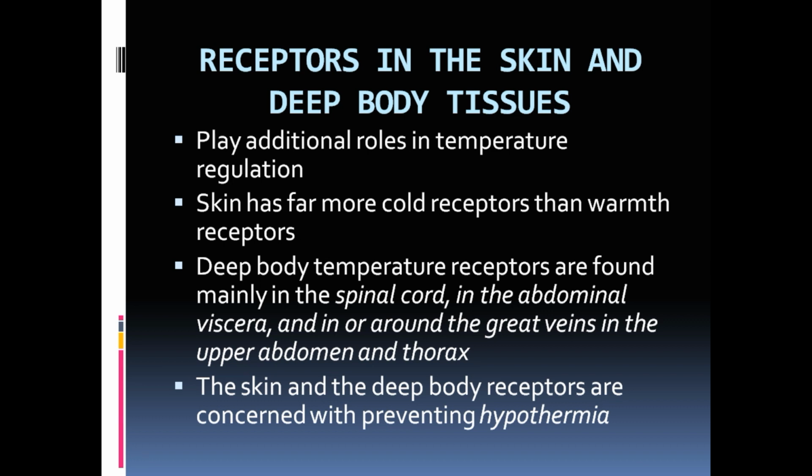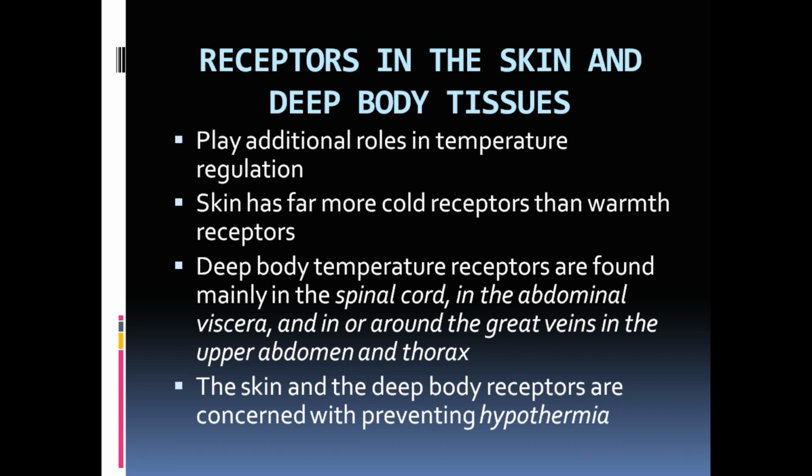Now coming to the receptors in skin and deep body tissues. Majorly the anterior hypothalamic preoptic area is contributing to the temperature sensation, but an additional role for the sensation is played by skin and deep body tissues. Skin has more cold receptors than warmth receptors.